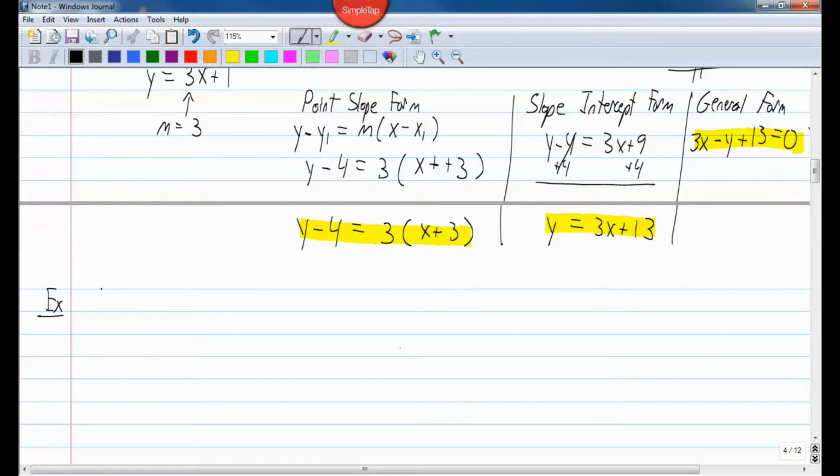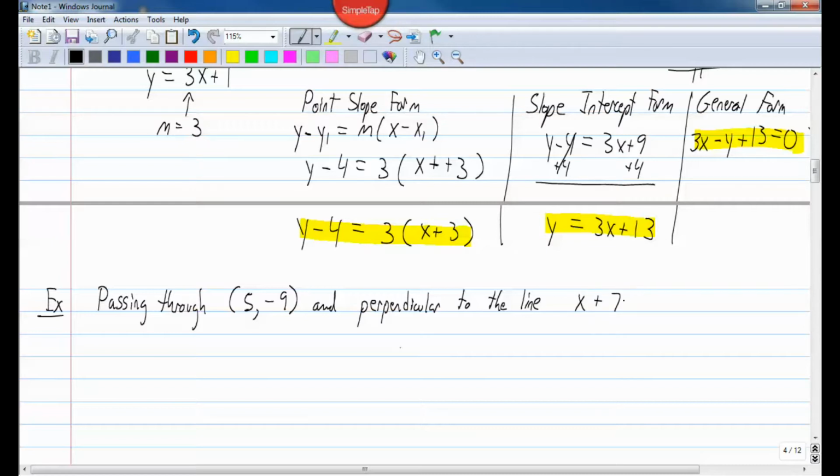So the line is passing through (5, -9) and perpendicular to the line x plus 7y minus 12 equals 0.